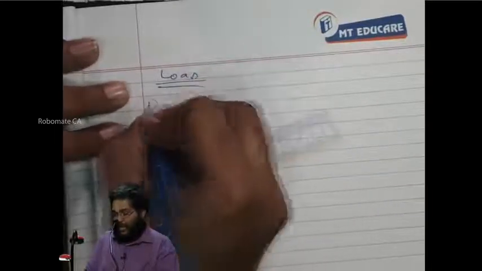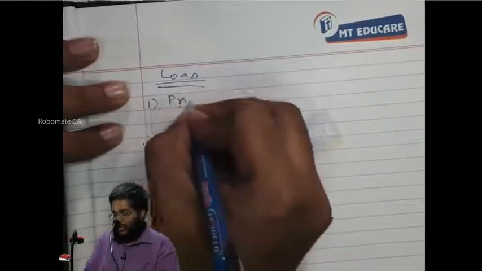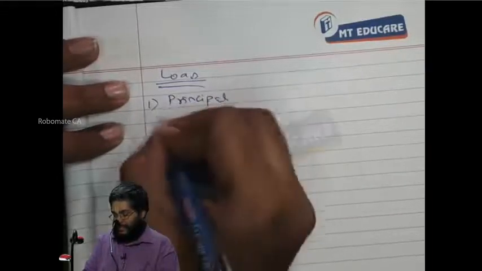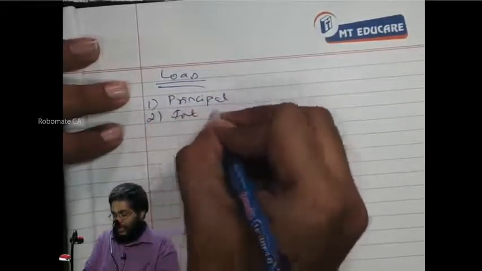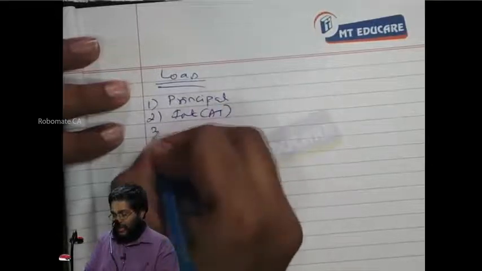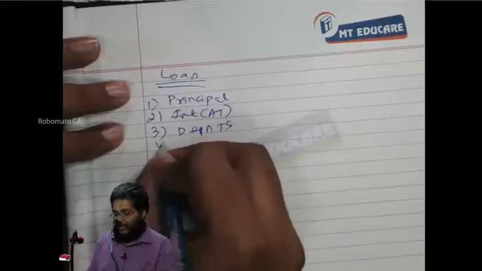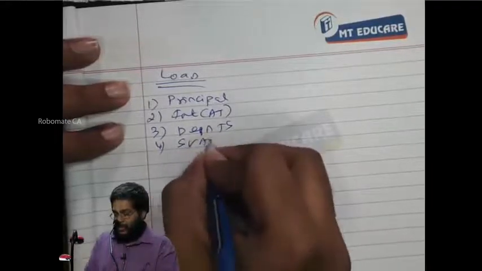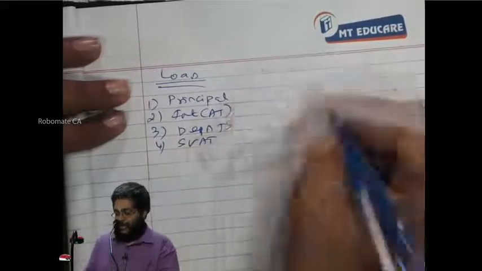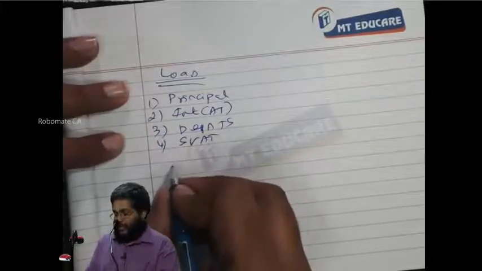Loan and buy. Tell me the cash flows. One is what? Principal. Number two is what? Interest after tax. Number three is what? Depreciation tax savings. Number four is what? Salvage value after tax. That is the loan option. Yes or no?